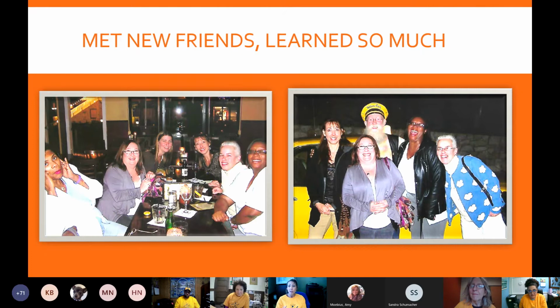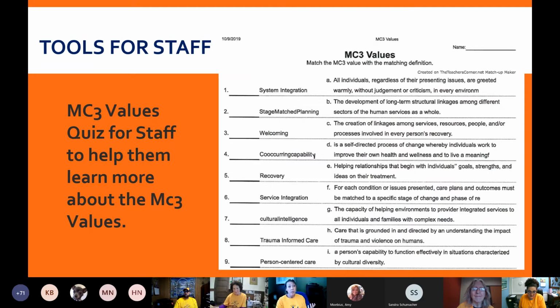So I love NIATx. I love policies. I hate to say that, but they're there for a reason, to help us be recovery oriented, to provide motivational interviewing, stage match, all the things that we like and are kind of easier for us, but we have to have the foundations. So how do we get the foundations? Some of the things we did with our folks to make things fun, even just starting on what these MC3 values are.